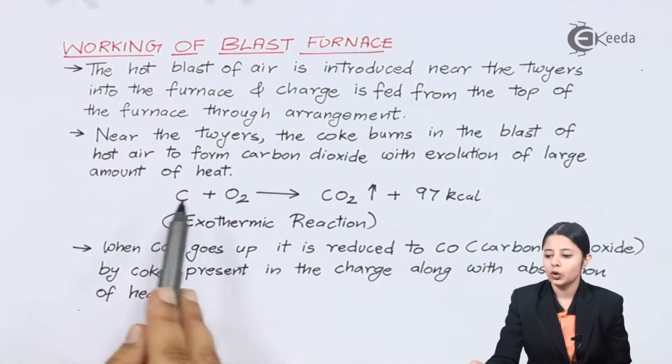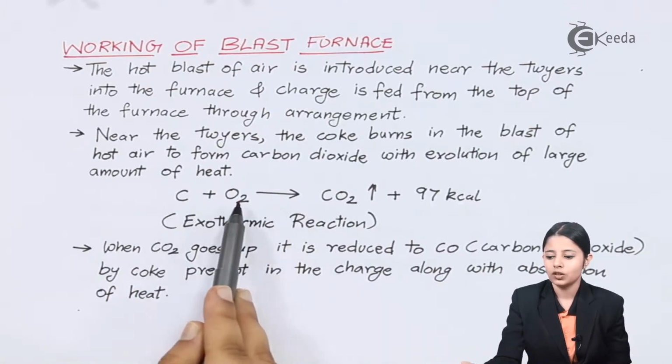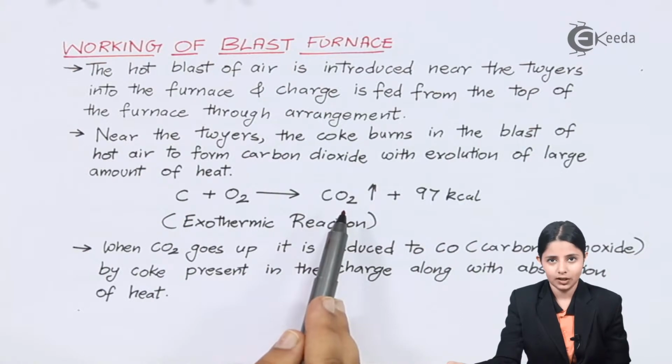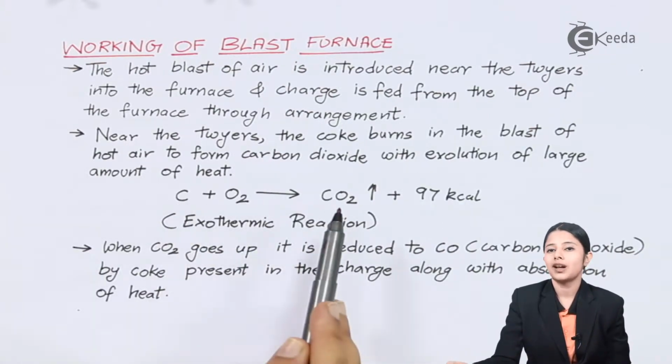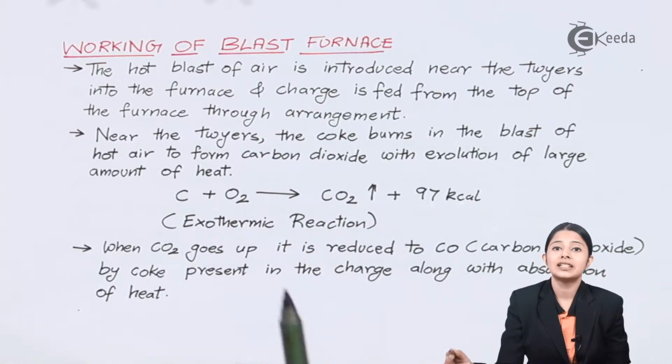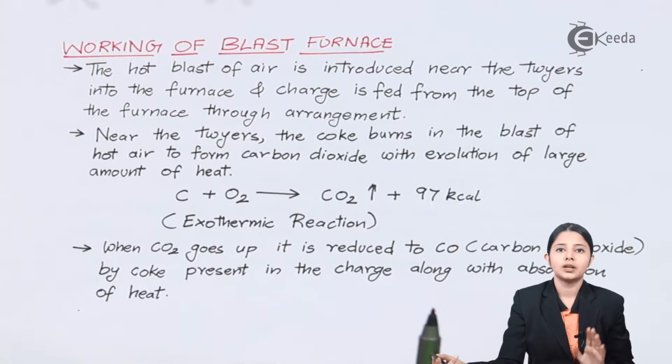We have one carbon over here and one carbon over here, two oxygen over here and two oxygen on the product side. Therefore, this reaction is balanced. So carbon plus oxygen forms carbon dioxide and gives 97 kilocalories. From only the first reaction happening in the blast furnace, we get 97 kilocalories of heat, which is a lot of heat.